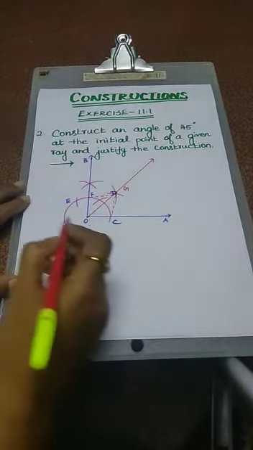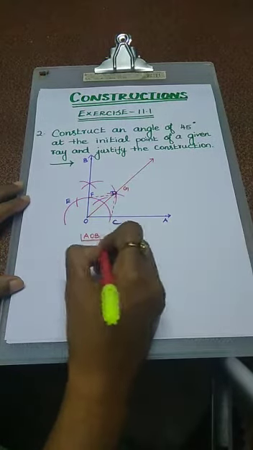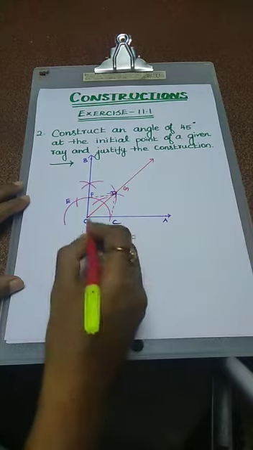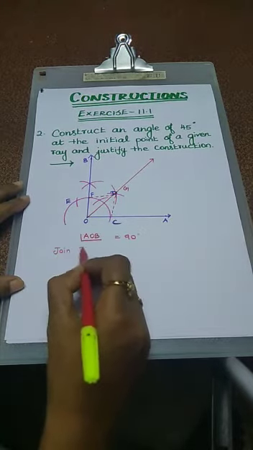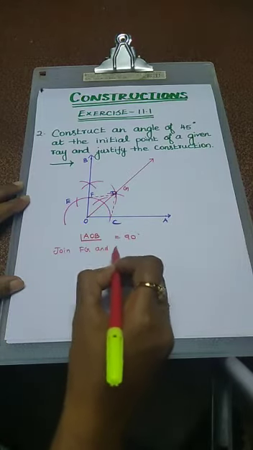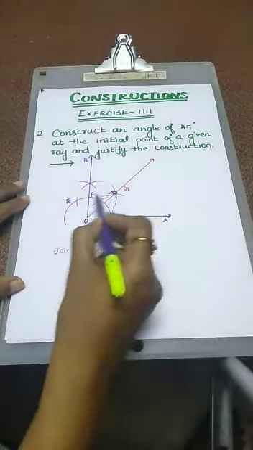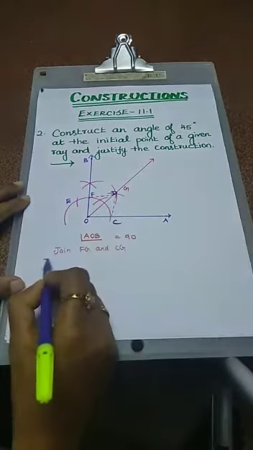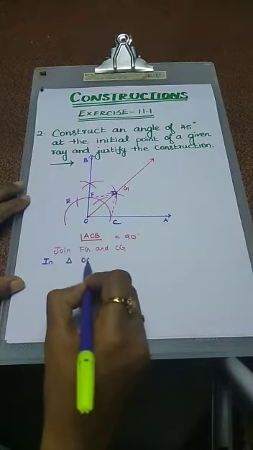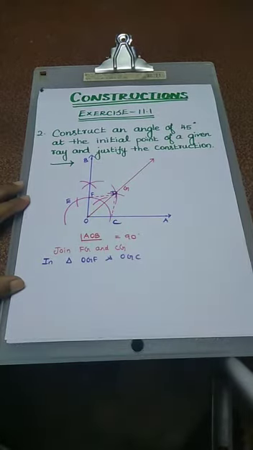By construction, angle AOB is 90 degree. We join FG and CG. In triangle OGF and another triangle OGC, look at these two triangles.